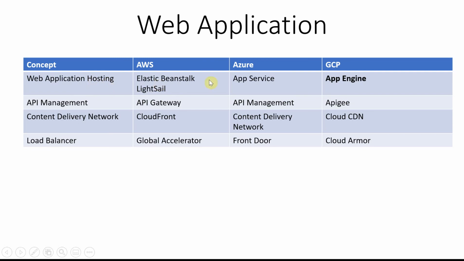We already saw this in the first slide, in compute, where AWS has Elastic Beanstalk. If you have a jar file or a Python library, you can deploy it directly into Beanstalk. Primarily, these are all web applications that can be hosted here, which is why it appears here as well as in compute.